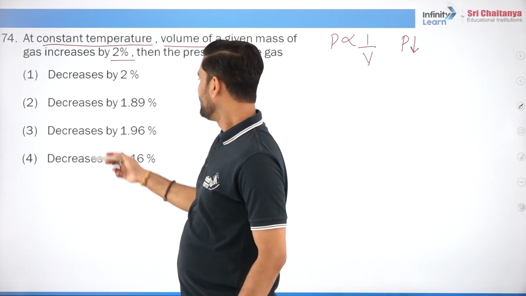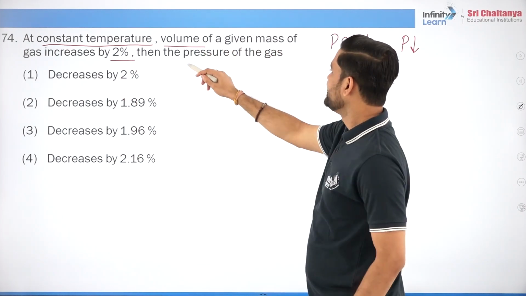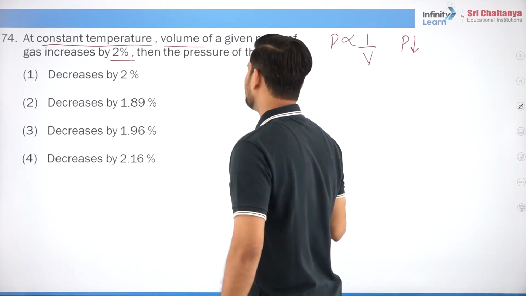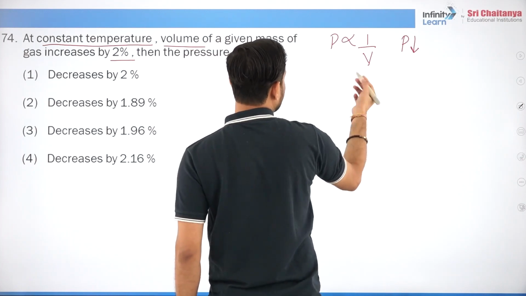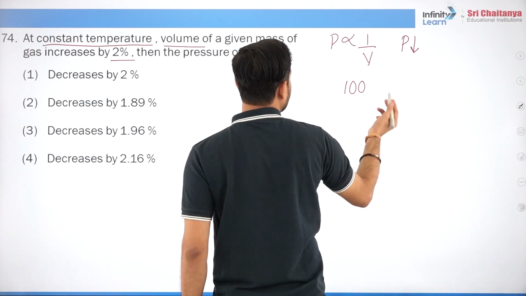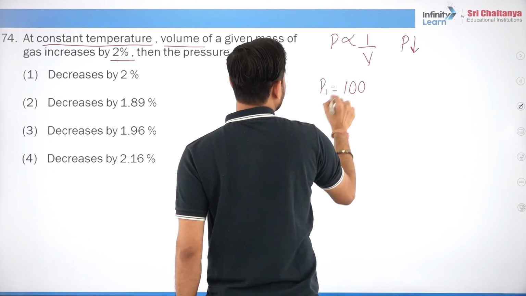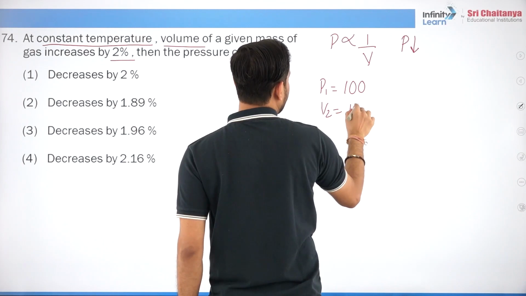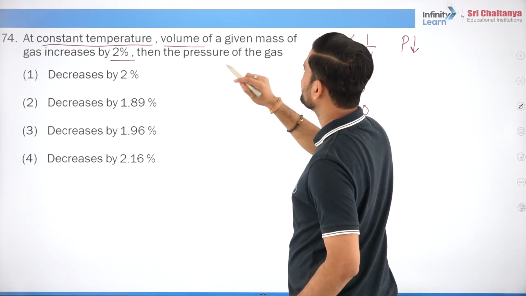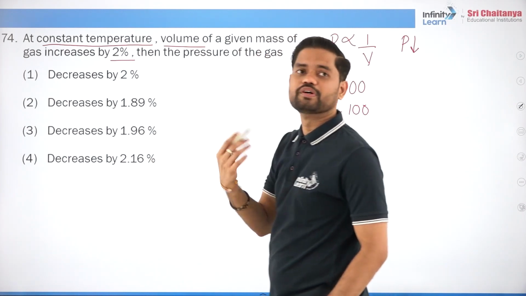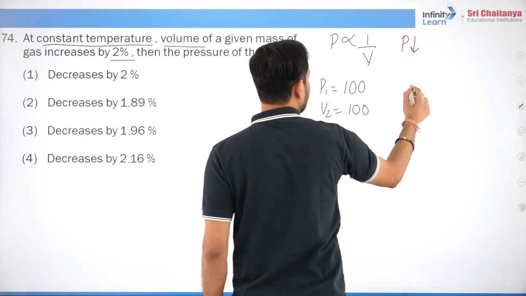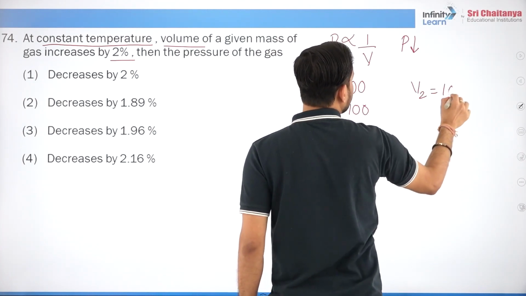Let us assume initially 100 atmospheric pressure was there. P1 is 100 and V1 is 100, just to make our life easier. The volume of the given mass is increased by 2%, so V2 will become 102.